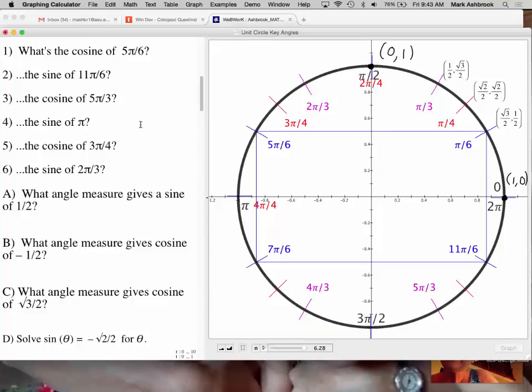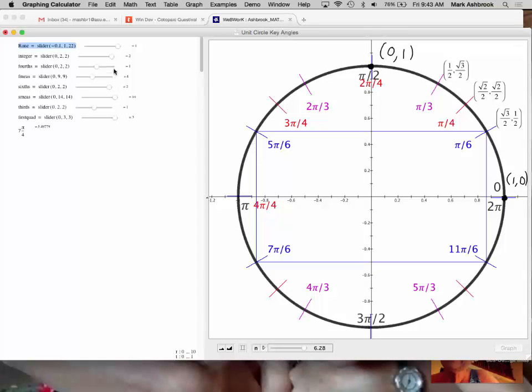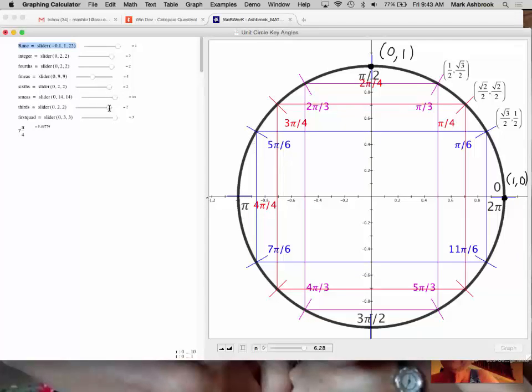Let me turn on the other rectangles. So I'm just going to turn those on quick. Hold on. Okay.